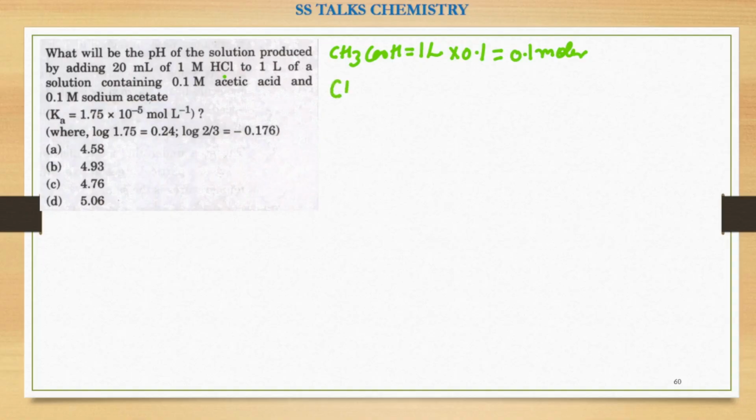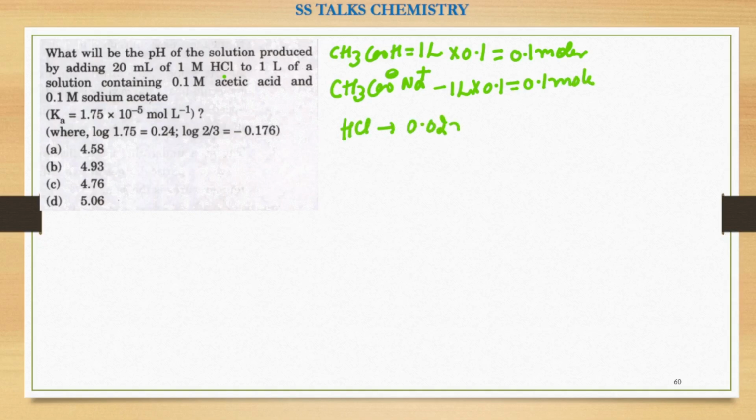The sodium acetate we are having is CH3COO negative and Na positive. Its amount is 1 liter and 0.1, so that means you are also having 0.1 mole of it. Now the HCl that you have added is going to be 0.02 moles. Right.